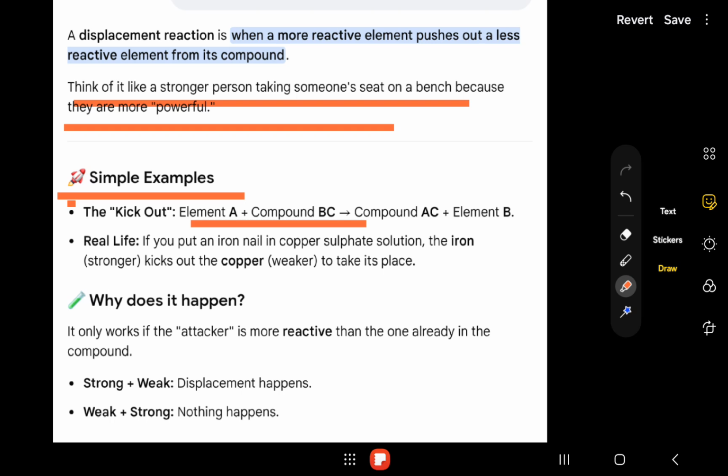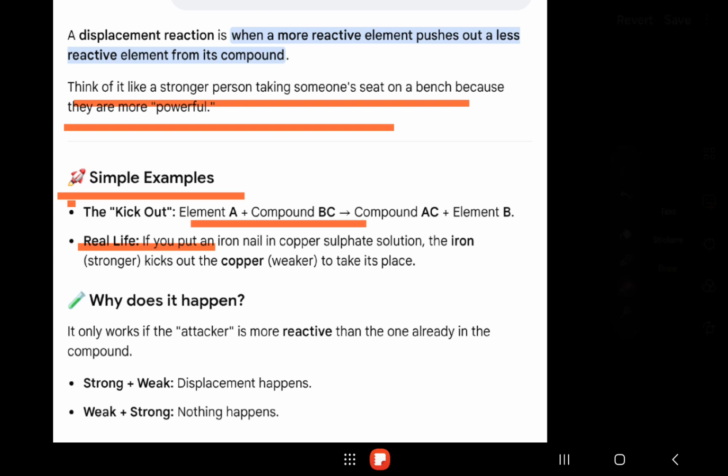In real life, if you put an iron nail in copper sulfate solution, the iron, being stronger, kicks out copper, which is weaker. Why does it happen?